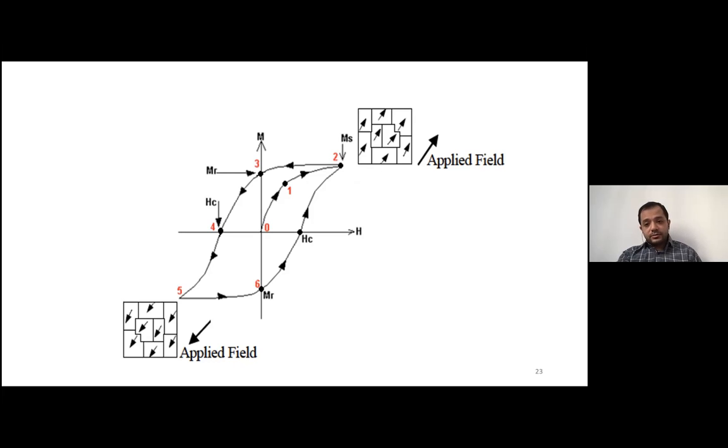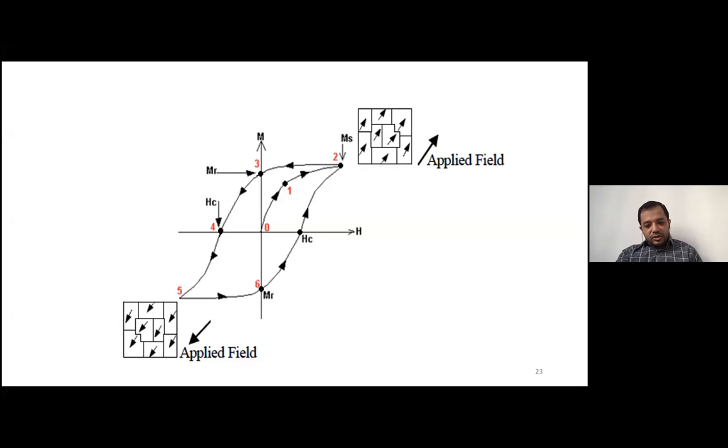Now, all the magnetic moments are aligned with the field direction, and it's just one giant magnetic domain, right? Everyone is aligned. Now, this is what we call MS, magnetization saturation. The material can no longer be more magnetized, right?